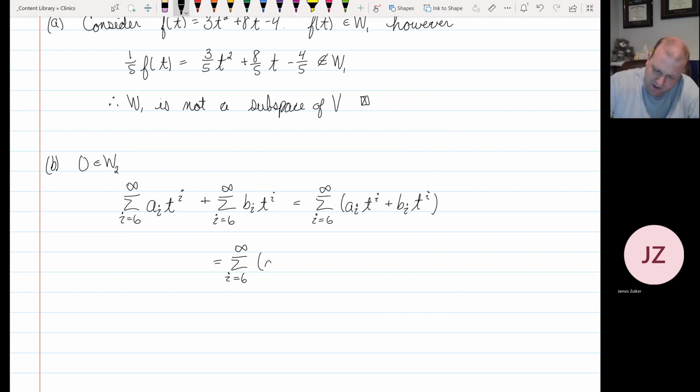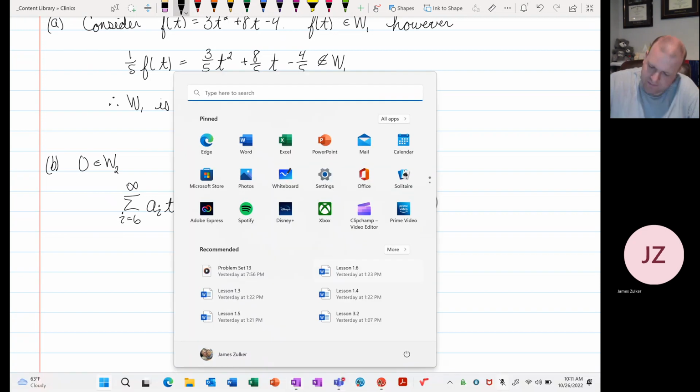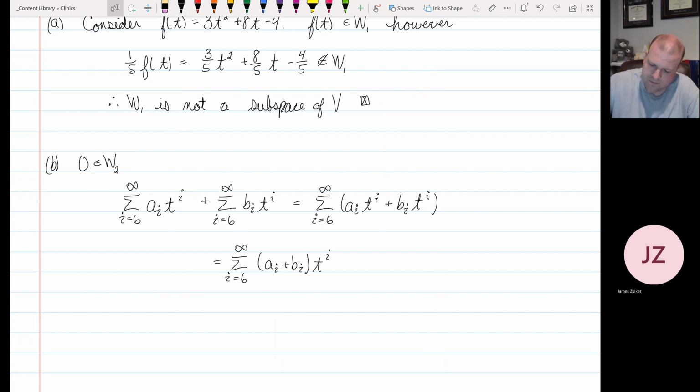Then we can factor out that t to the i, and we have a sub i plus b sub i times t to the i. But if we let a sub i plus b sub i be c sub i, then we can write it in this form, and that is clearly in W2. So it's closed under addition.